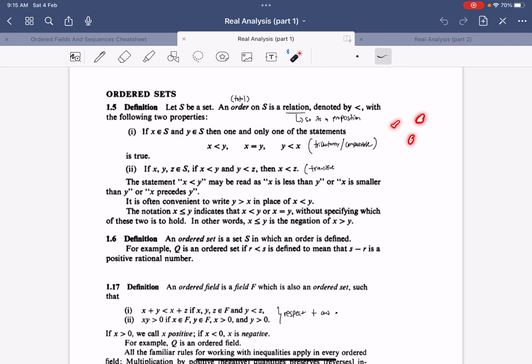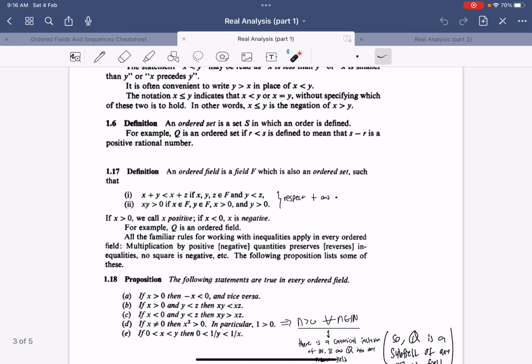This less than might not be the less than that we usually define in real numbers when you deal with a random set. But for real numbers, this less than means y minus x is positive. So that's what it really means. And if you do this for every single element in the set, then you have defined an order on the set.